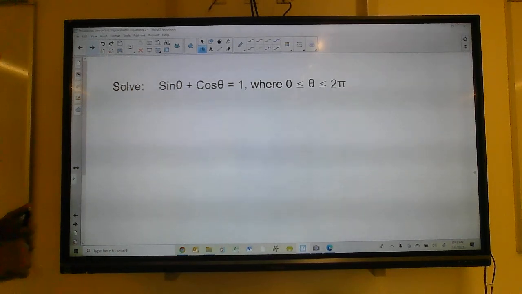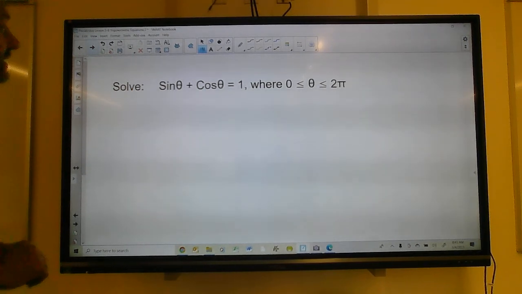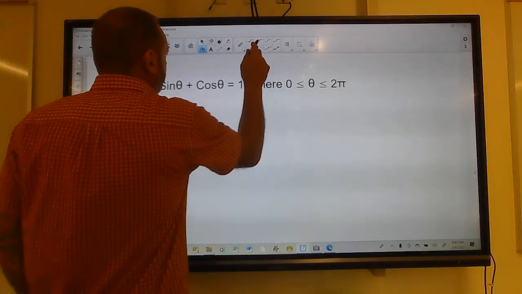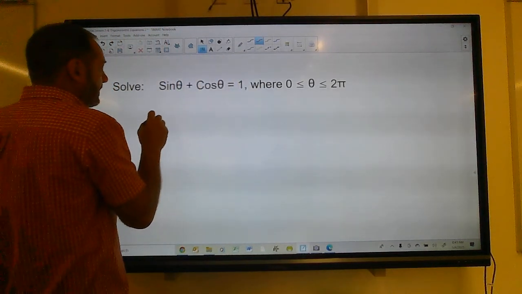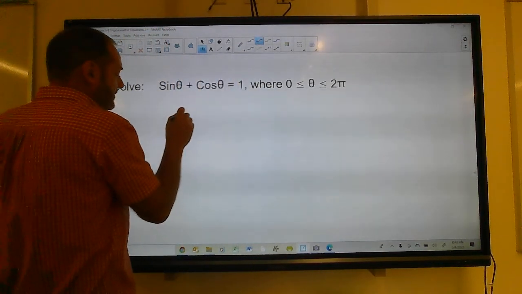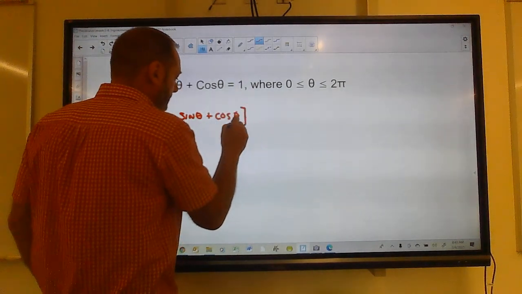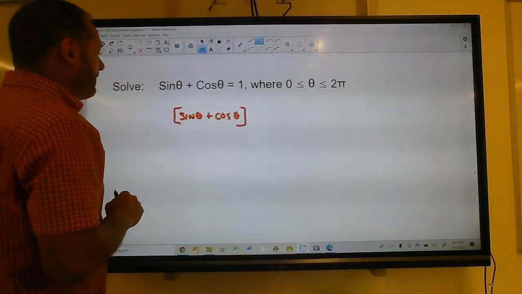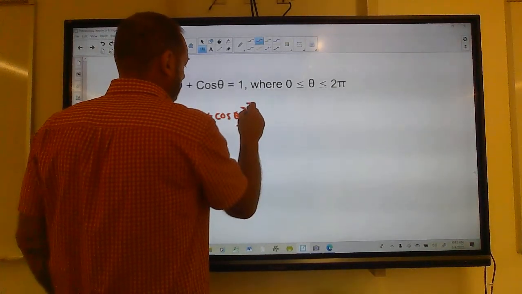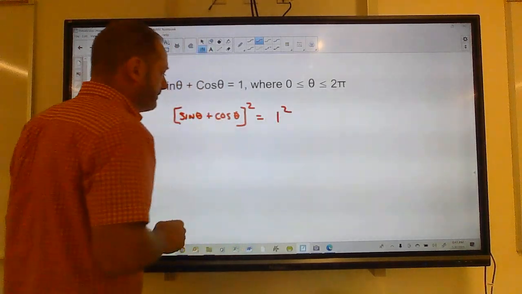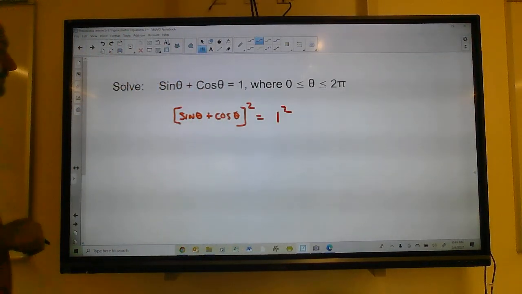All right, what about this bad boy here? Sine theta plus cosine theta is 1. This one's a little tricky because I've got to relate those sines and cosines so I can convert them. So here's the technique I'm going to use. I'm going to take sine theta plus cosine theta, and I'm going to square that. Let's square both sides.